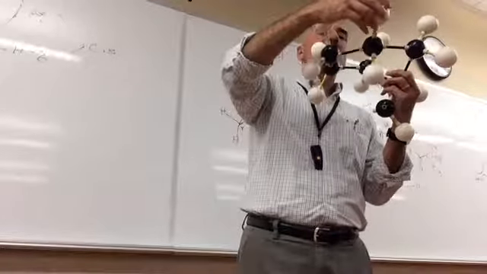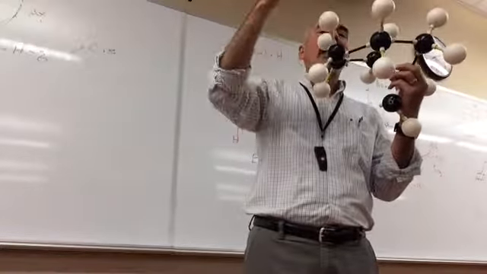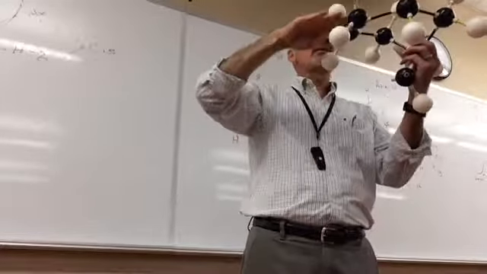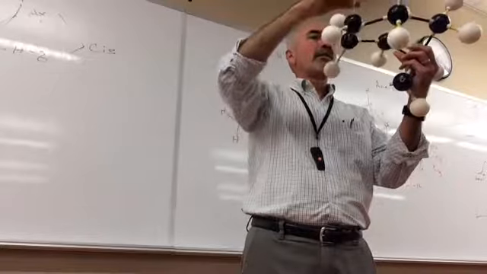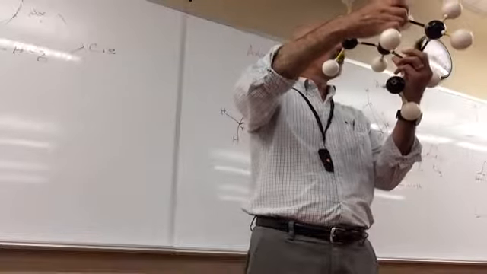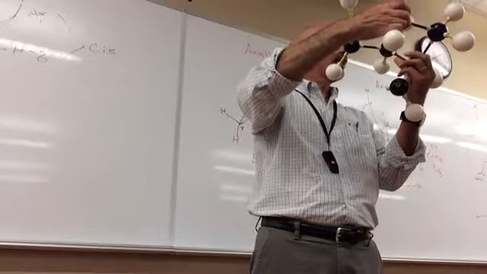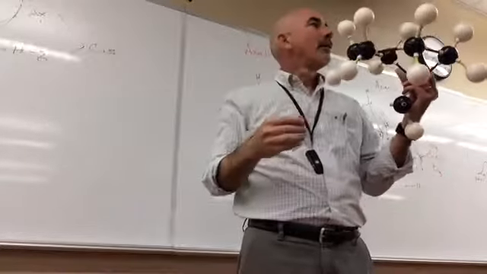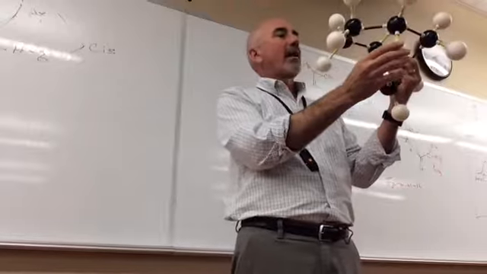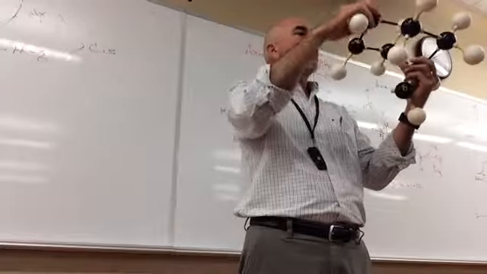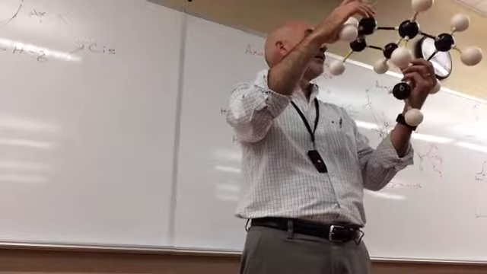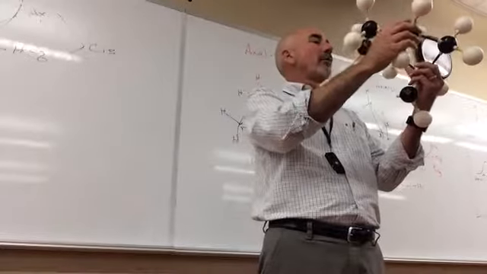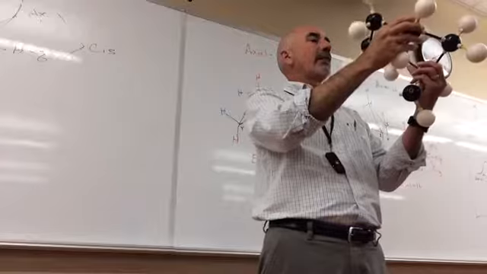This one and this one don't look as opposite, but these are actually on the same side of the ring. So this axial one and this equatorial one are on the same side of the ring. This one's pointing down, so that's definitely on the opposite side, right? But axial to equatorial, they're on the same side of the ring.